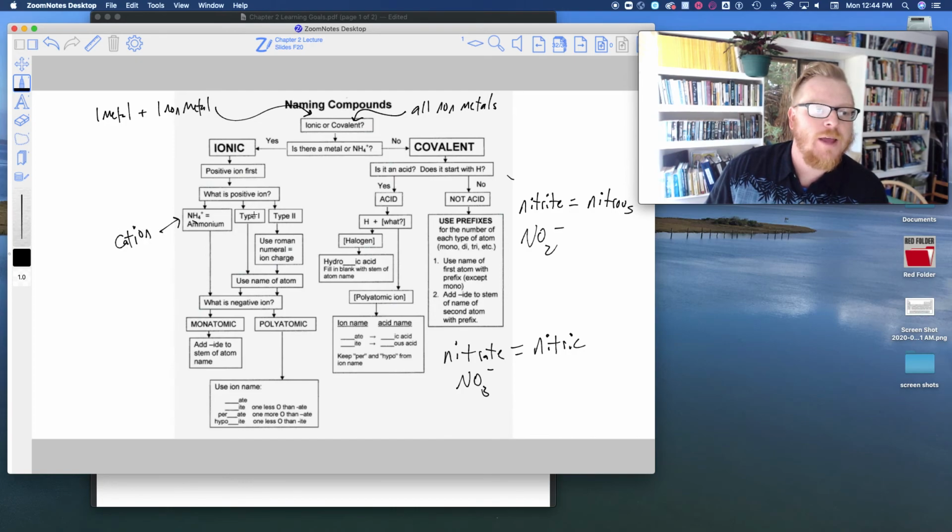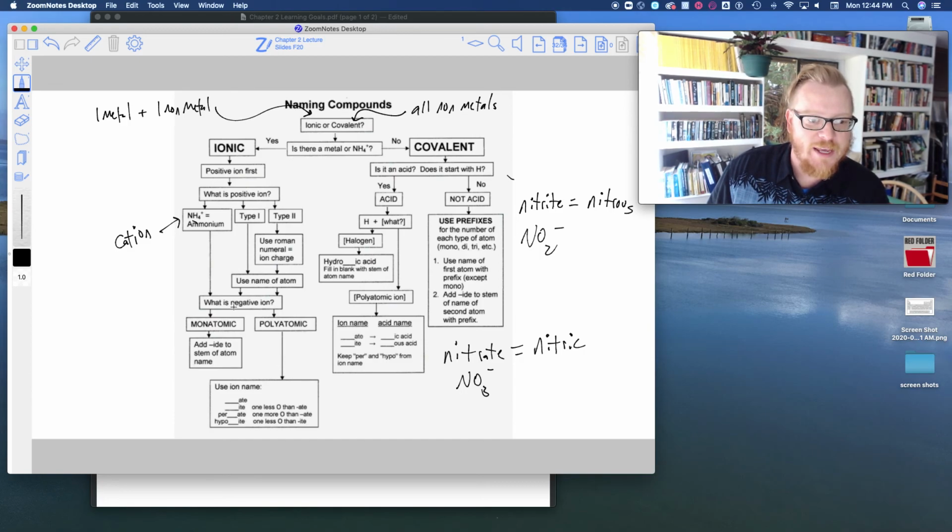What if it's a type 1? Type 1 meaning it's one of the representative elements, not a transition element. Type 1, use the name of the atom, just straight up. If it's sodium, call it sodium. If it's magnesium, call it magnesium. Calcium, barium, etc.